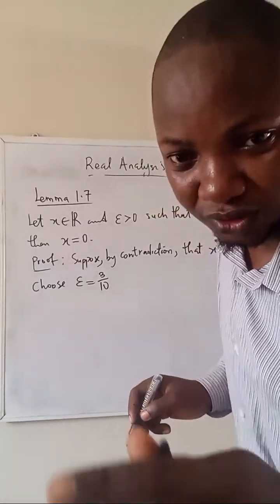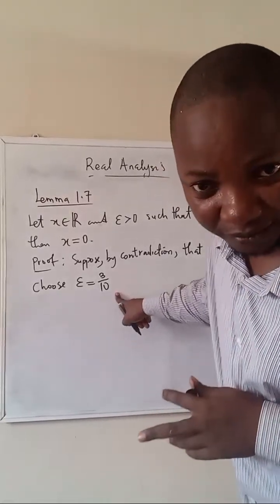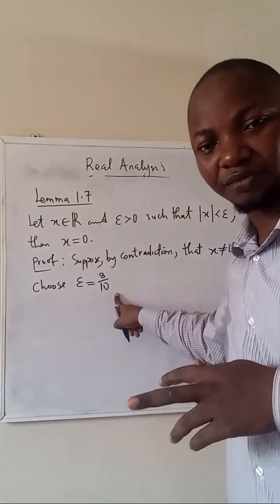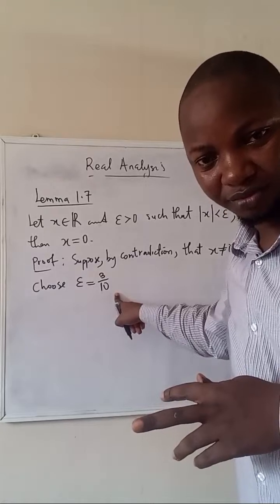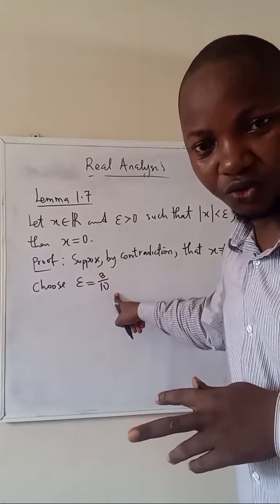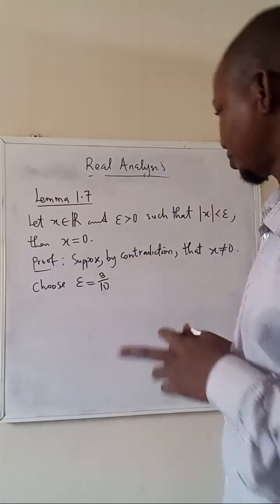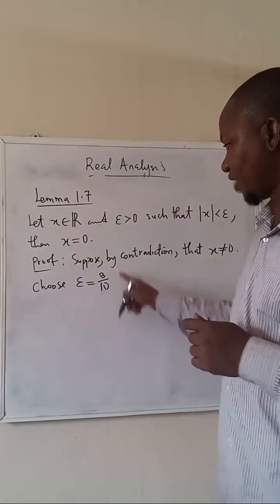He said we should use 0.3. 3/10 is 0.3, right? Please comment. Yusuf, I'm waiting for you. All right. Okay, so we choose epsilon to be 3/10.